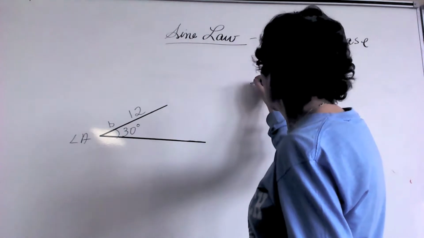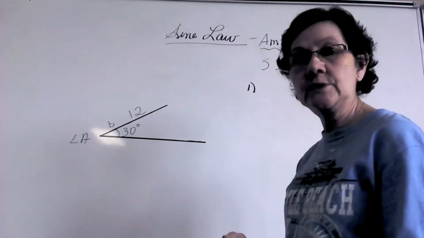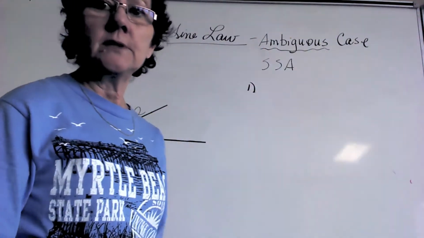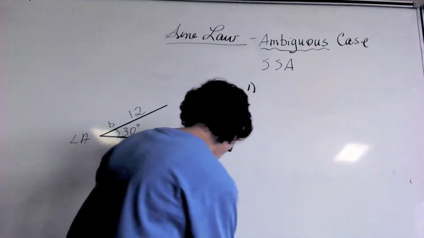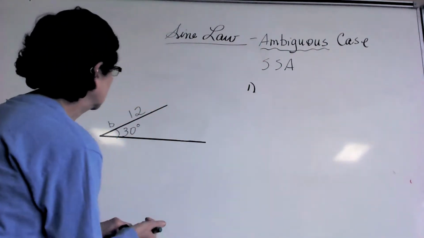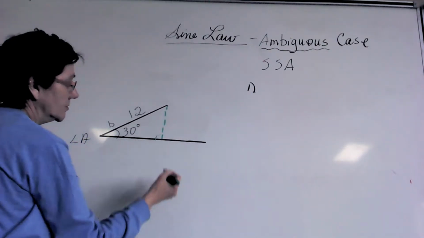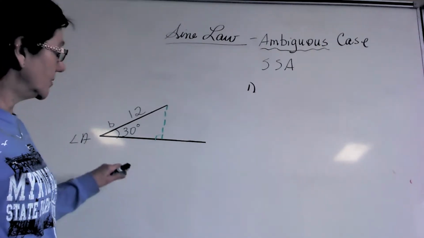Before we do the first scenario, in order to demonstrate this, we're going to determine the height of this triangle. We've created a right angle triangle, so we can use right angle trig.